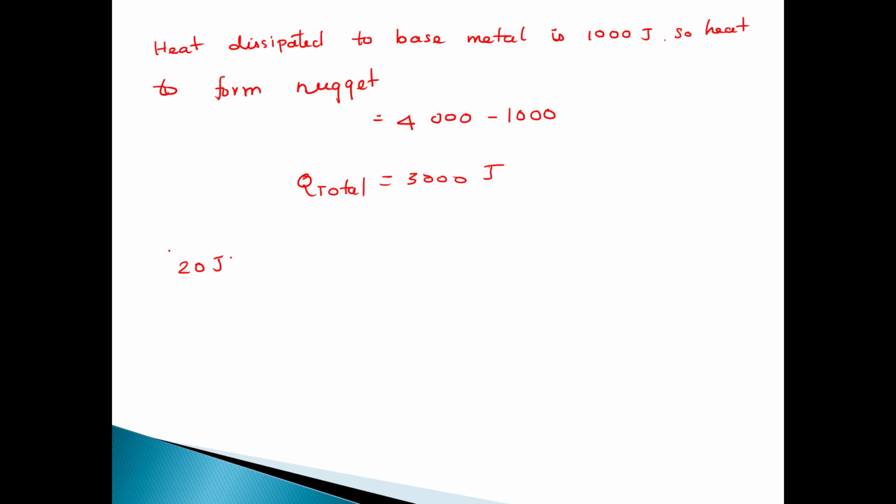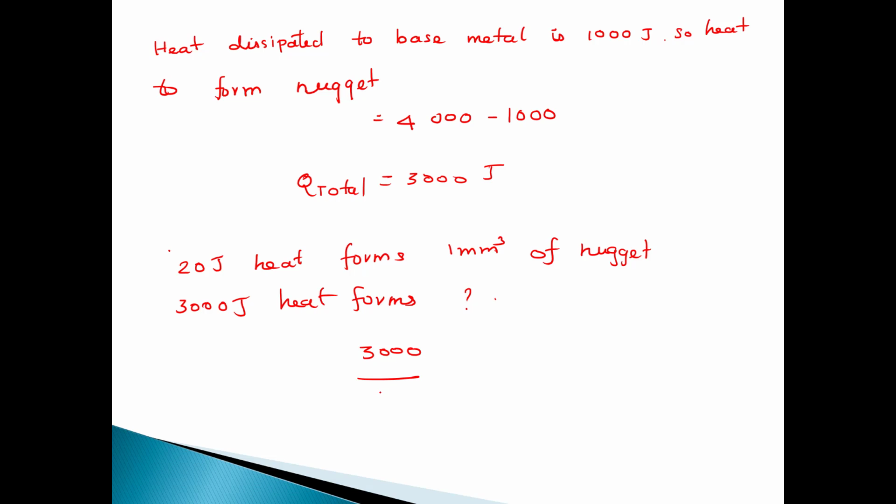So 20 joule of heat forms 1 mm cube of nugget. We have totally 3000 joule. So how much volume does that form? That we have to identify. So 3000 divided by 20 into 1.